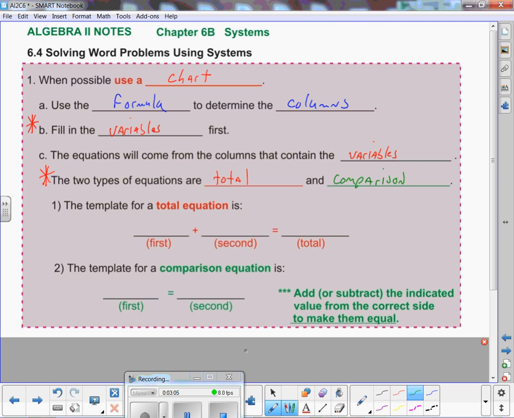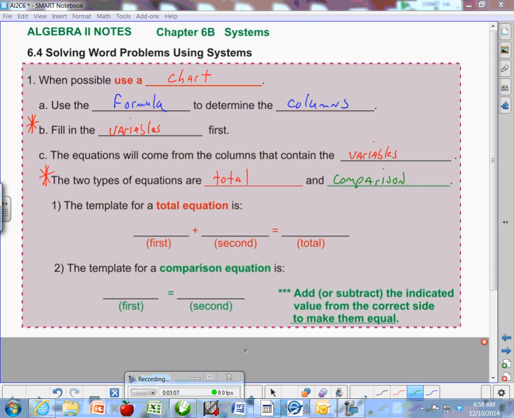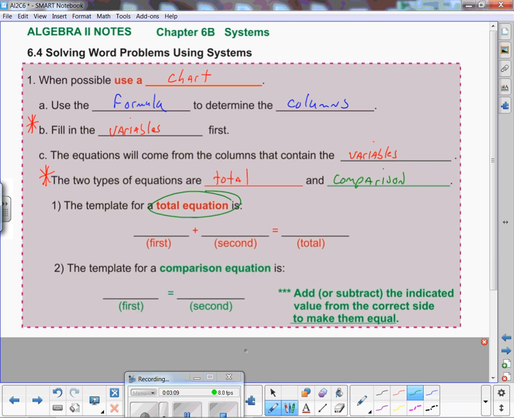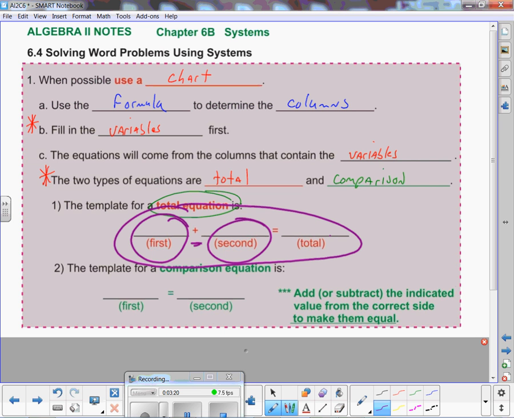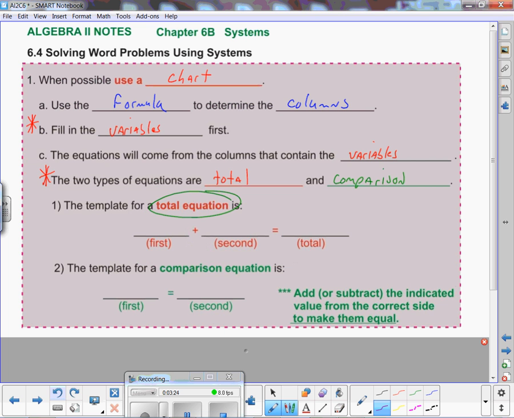Each one comes with a template. If you look right below here, look at the template for the total equation. It's always the first plus the second equals the total. If there would be three variables, then it would be the first plus the second plus the third equals the total. That's a total equation.